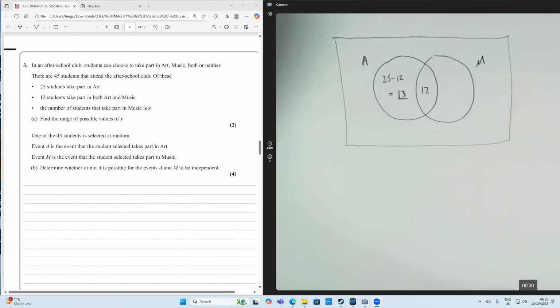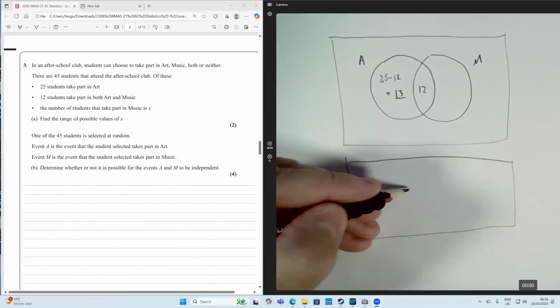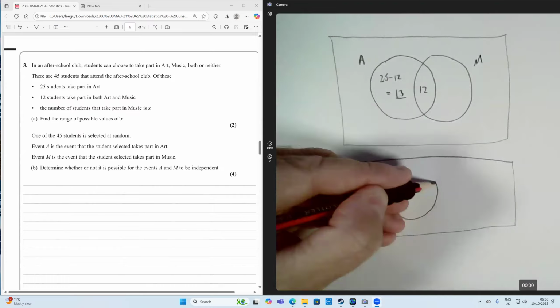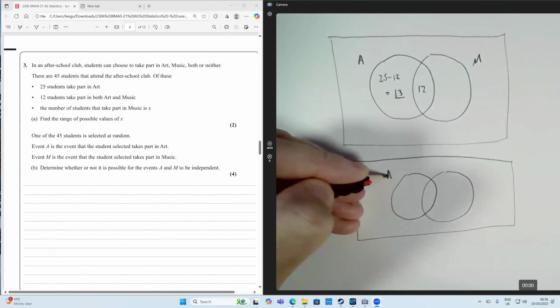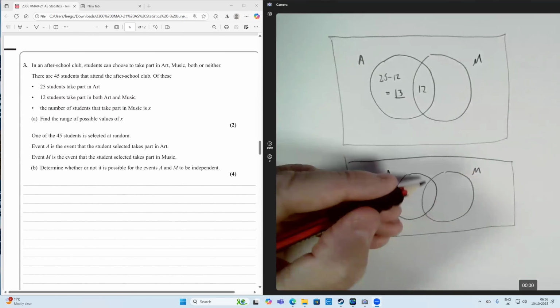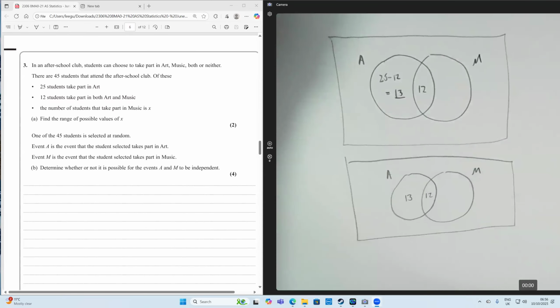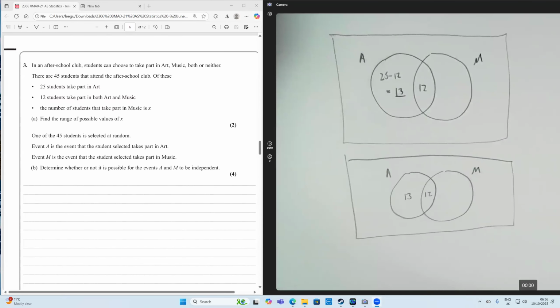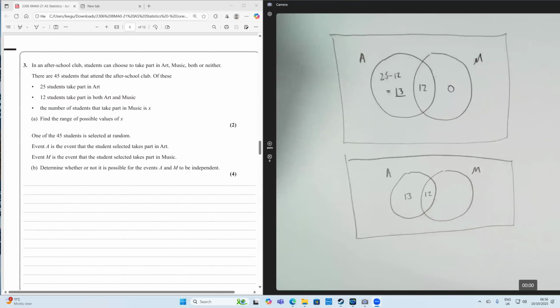Now we've got to find the range of possible values of X, so let me draw the two extreme scenarios. We know that we've got 12 there and 13 here. In one extreme, maybe none of the remaining students take music.